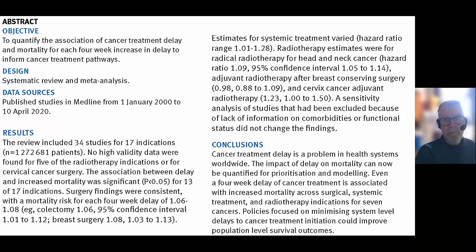So here is their abstract, which ends with the predictable, perhaps, conclusion that cancer treatment delay is a problem worldwide, and even a delay as small as 4 weeks has a measurable increase in mortality across a range of cancers.